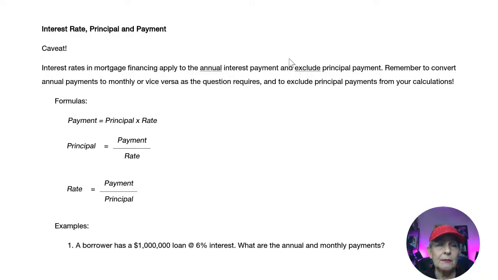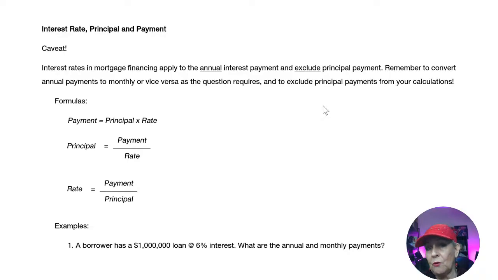Interest rates don't include principal payment. If you've ever had a mortgage or a car payment, there's going to be the principal amount that reduces the amount of the loan you paid plus the interest that you're being charged, right?